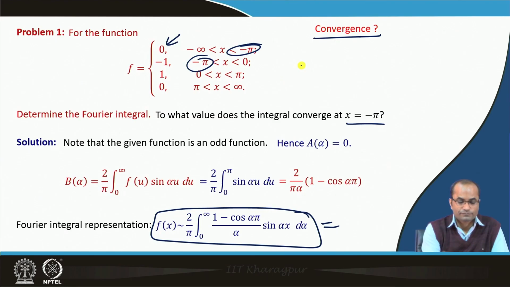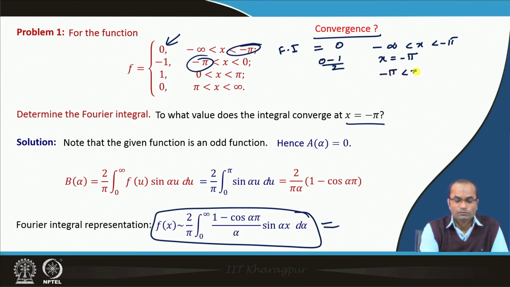So, for instance, in the range minus infinity to minus pi, the Fourier integral will converge to 0, and then at x equal to minus pi, it will converge to the average value, 0 minus 1 by 2, and then from minus pi to 0, it will converge to minus 1, and at x equal to 0, it will converge again to the average value, minus 1 plus 1 by 2, which is 0.